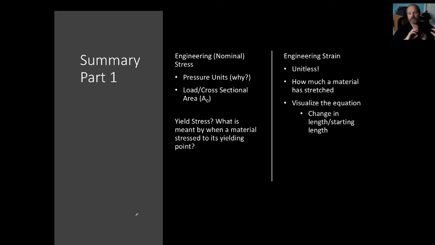Be able to visualize the equation, and think about it as a ratio of the total delta L, the change in length, divided by the starting length. So it's really delta L over L naught, and some people write it that way, where delta L is L final minus L initial.